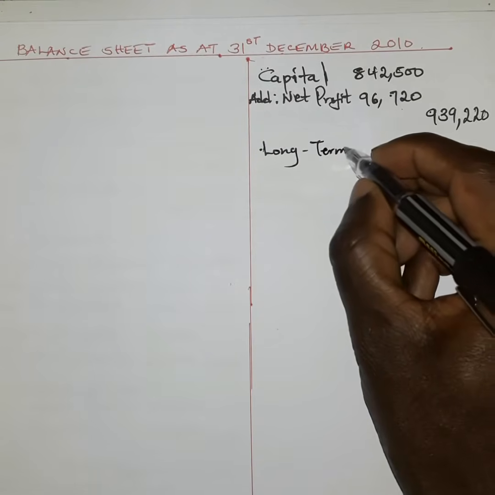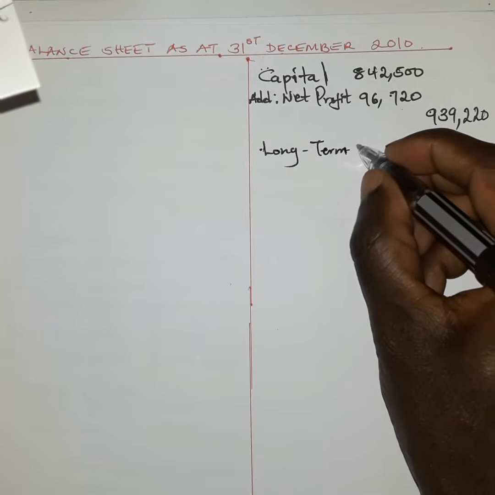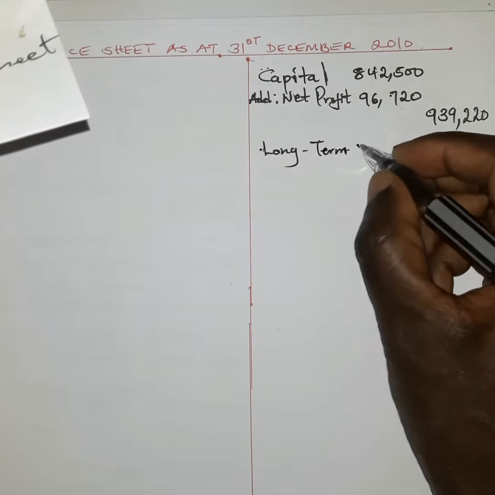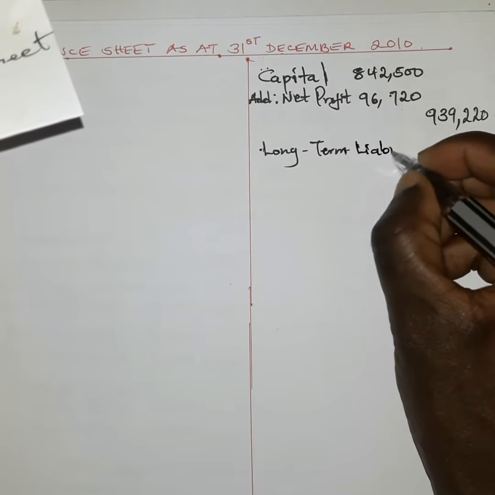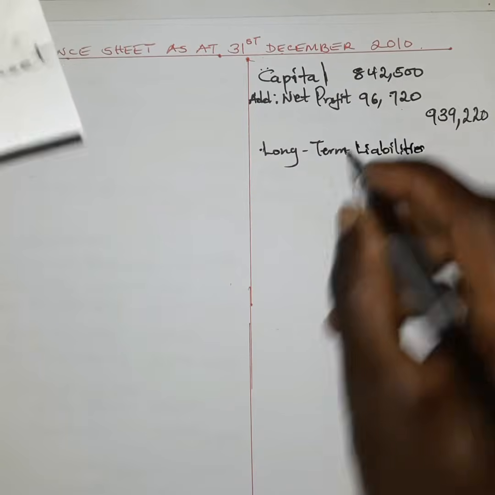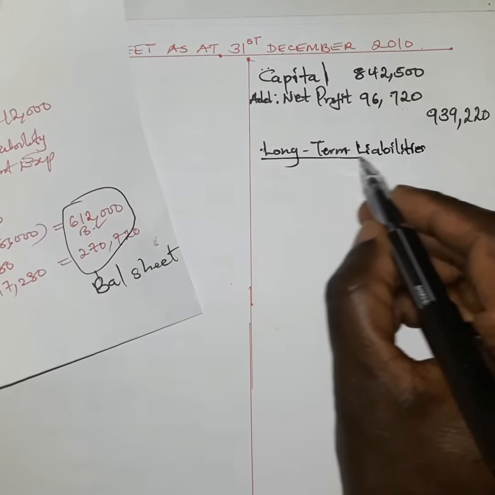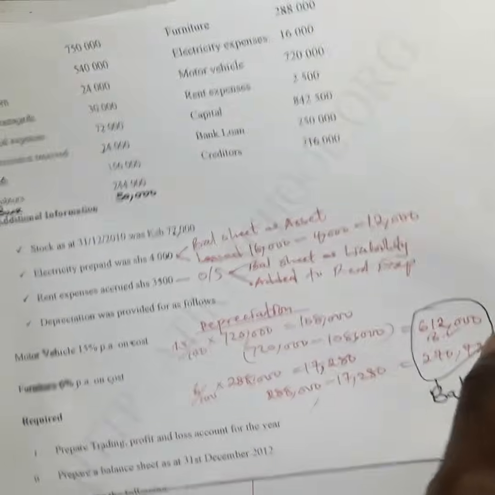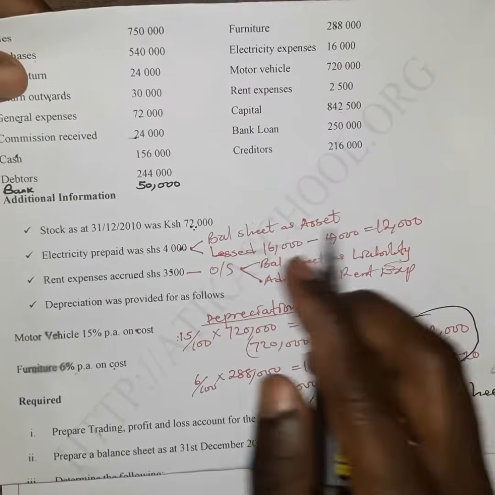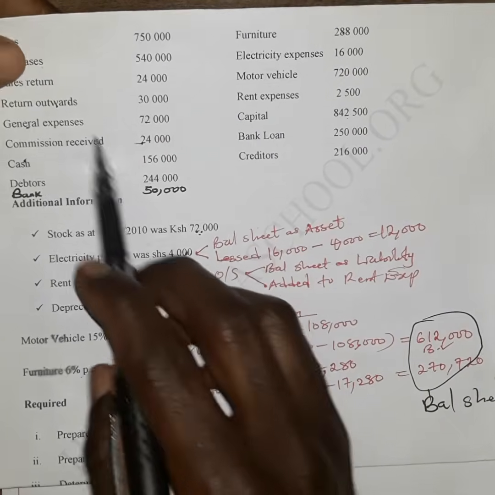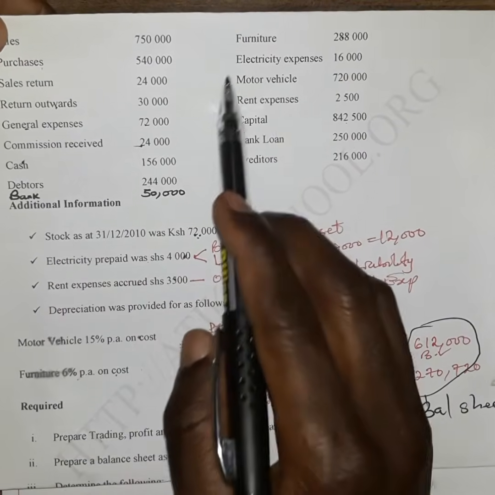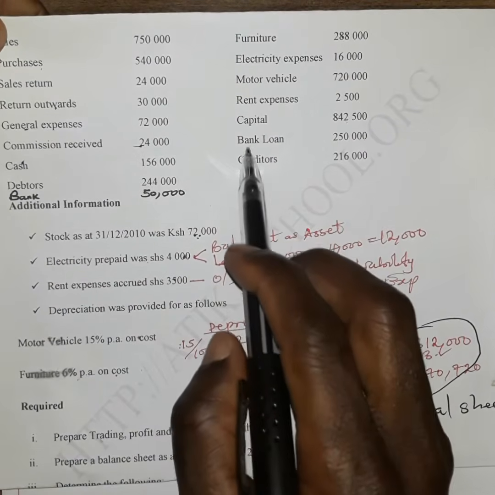These are liabilities whose payment can take more than 1 year, long-term liabilities. Other long-term liabilities: the first one is the bank loan.